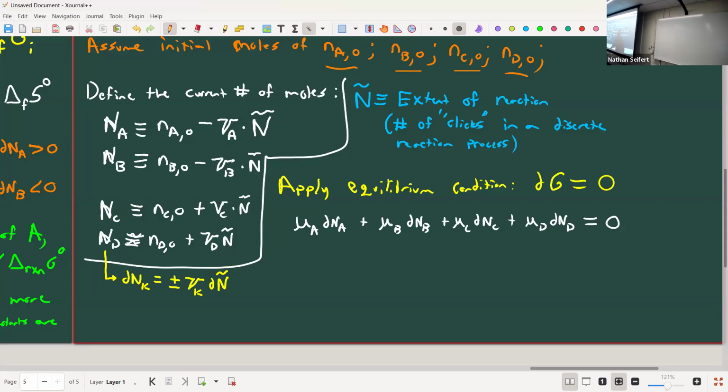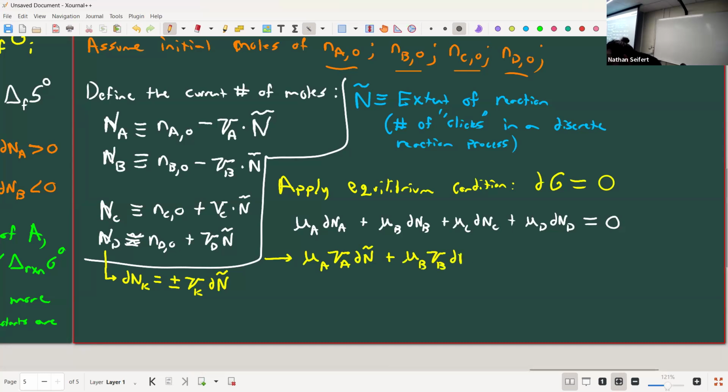This is where the stoichiometric coefficients come in, these factors, because I can plug this in now. Now I have mu A times the stoichiometric coefficient times the change in extent, plus mu B nu B dn tilde, plus mu C. Oh, sorry, I forgot some negative signs here.